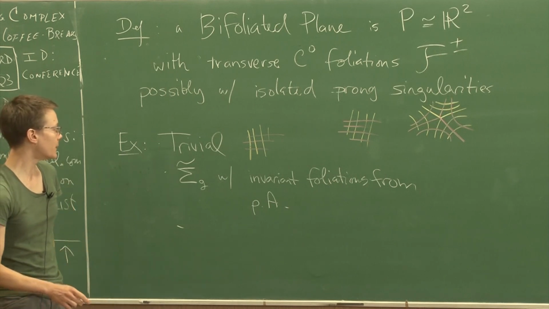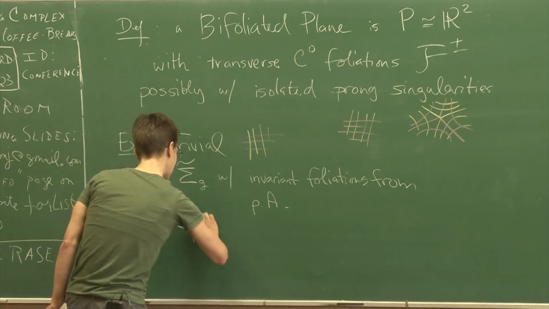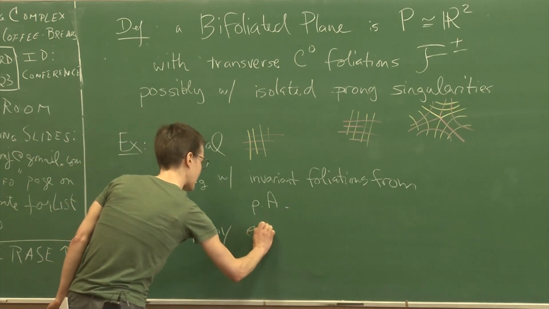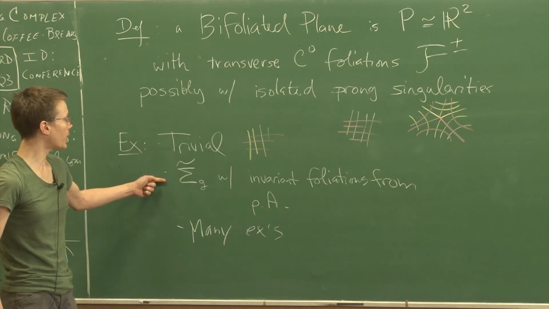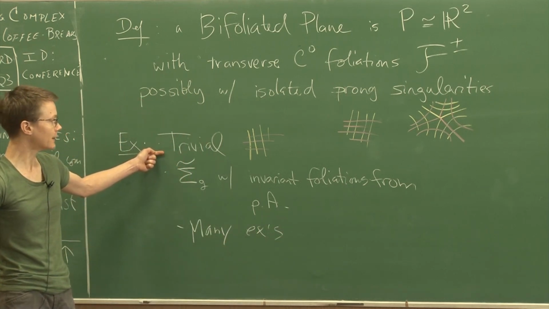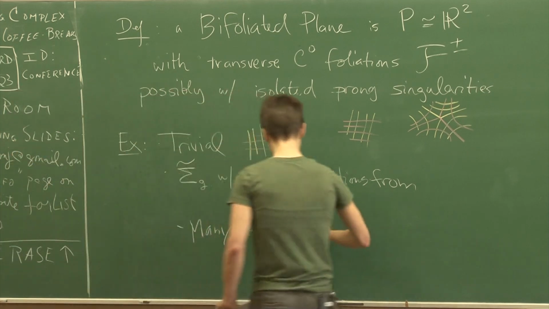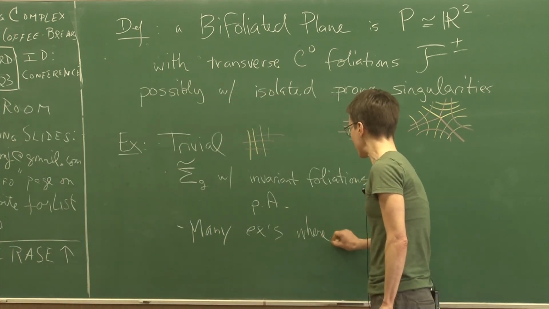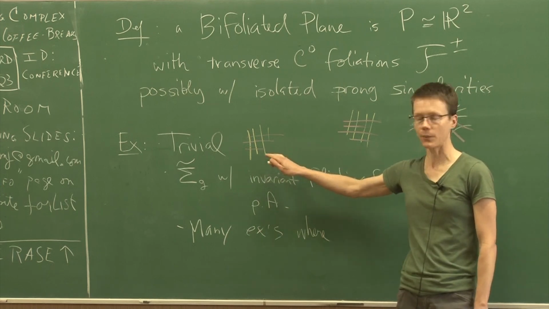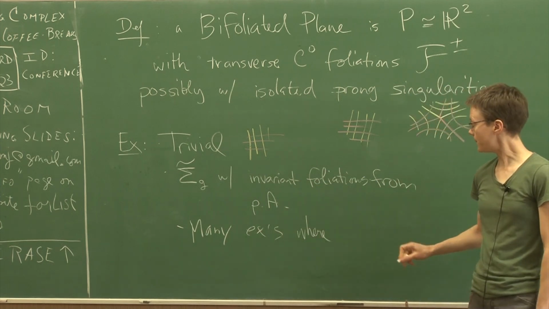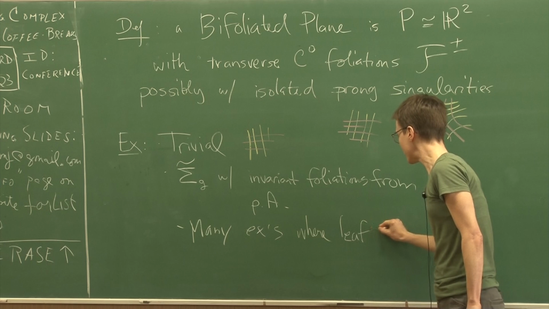But there's also many examples where you have no prongs, but it's very far from trivial, where the leaf space of your foliation, of either or both, are non-Hausdorff.